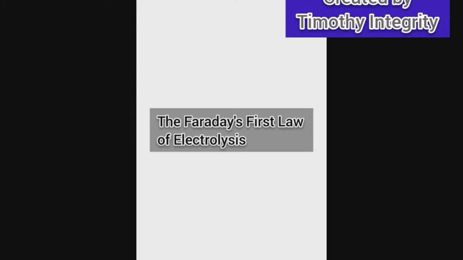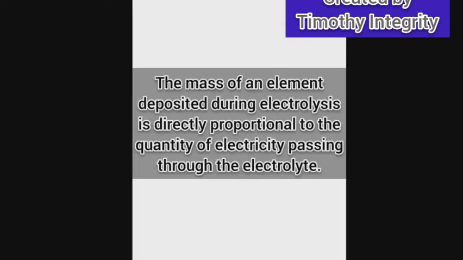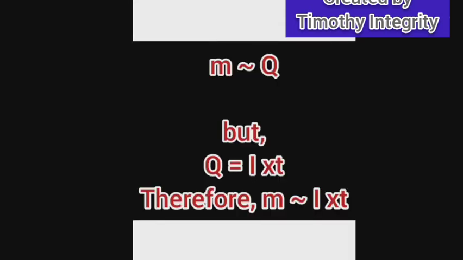Faraday's laws of electrolysis. There are two Faraday's laws of electrolysis, and we are discussing the two of them. The first law of electrolysis by Faraday states that the mass of an element deposited during electrolysis is directly proportional to the quantity of electricity passing through the electrolyte, which means mass is directly proportional to Q, the quantity of electricity.